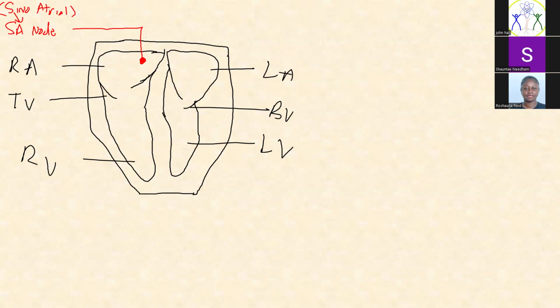So it is going to help to control the rhythm of the heart, how often the heart beats, how strongly the heart beats, right? And because of this, it is also referred to as the heart's pacemaker, right? So anyway, the pacemaker generates an impulse and the impulse spreads out.